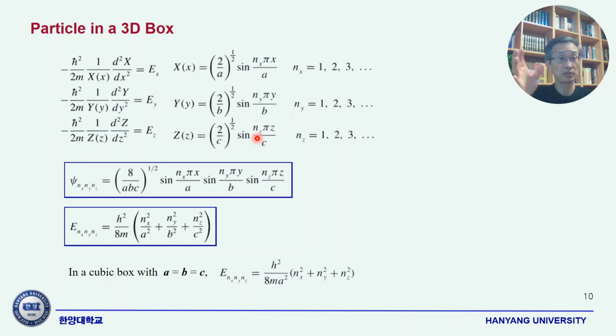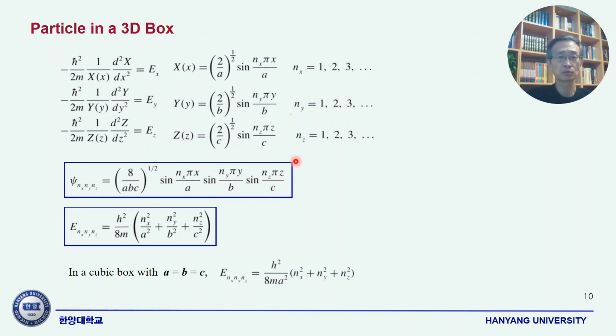Zero is not allowed here. Your total wave function is the product of X(x), Y(y), Z(z), and then you collect all your constants, which is the square root of 8 over abc, times the sine term of x, the sine term of y, and the sine term of z.